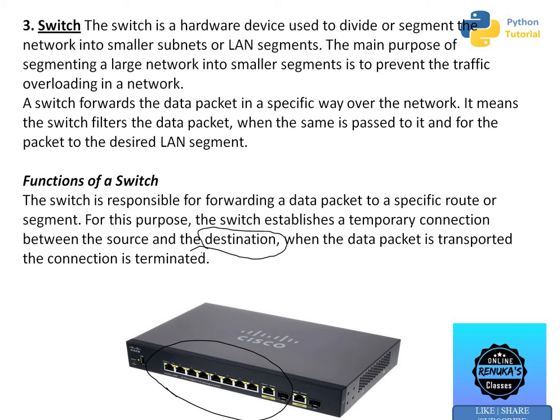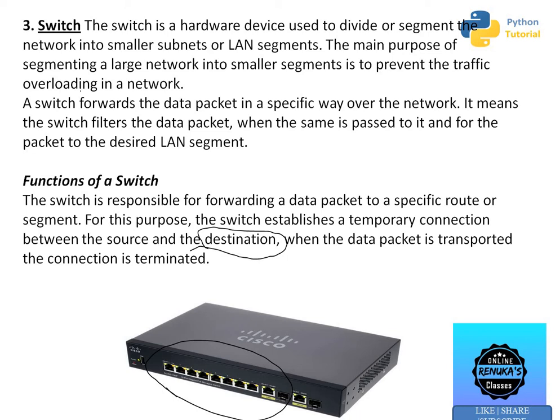It means only the source and destination, these two computers or nodes, will communicate. The rest will all be free to communicate in parallel. But in a hub, if 2 rooms or 2 nodes are communicating, then others cannot communicate until their communication is over. So that is the main difference between hub and switch.